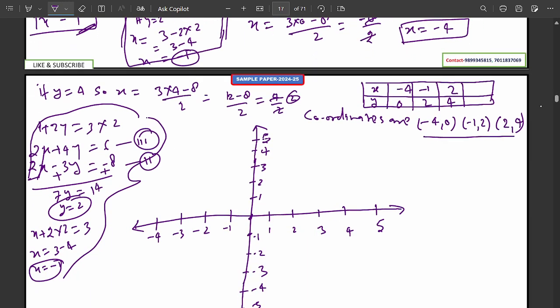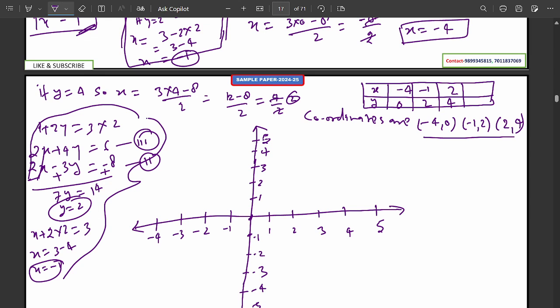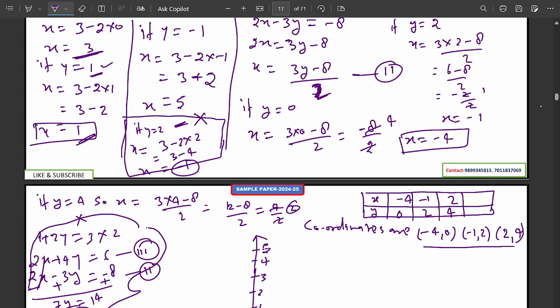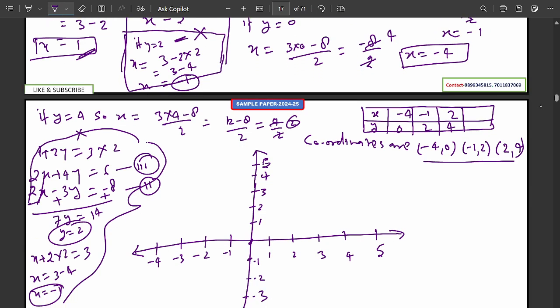So this is not part of the solution of this question. You can also skip this extra part in your examination. Just plot these 6 coordinates on the graph, and you can automatically find the intersection point.